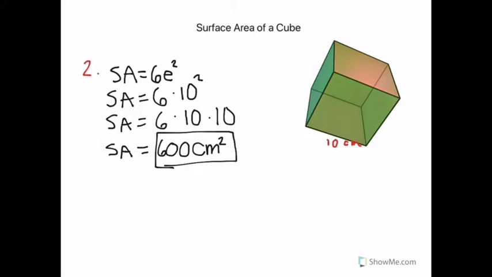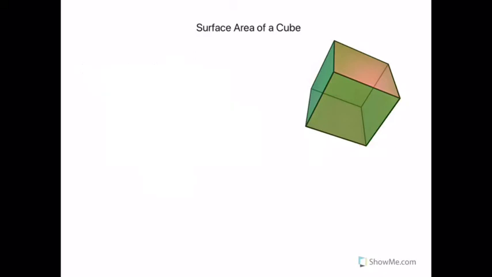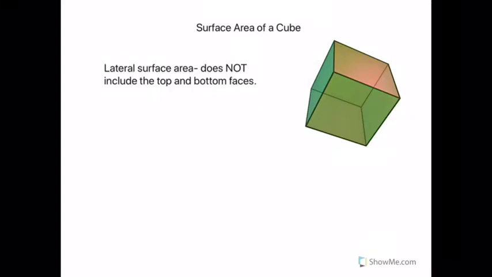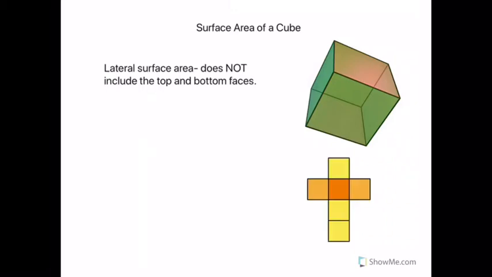All right, now let's look at lateral surface area. Just like lateral surface area for a rectangular prism, a rectangular solid, the lateral surface area of a cube does not include the top and bottom faces. So if we grab this image of our unfolded cube, this square would actually be the bottom, and this square would be the top.